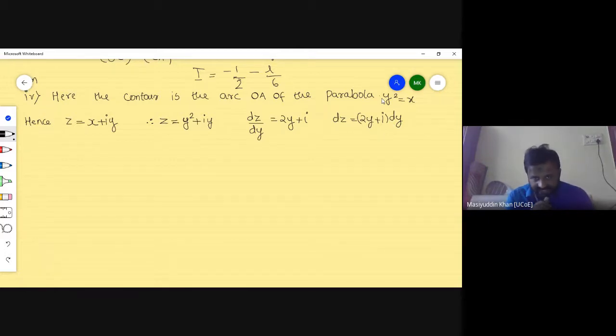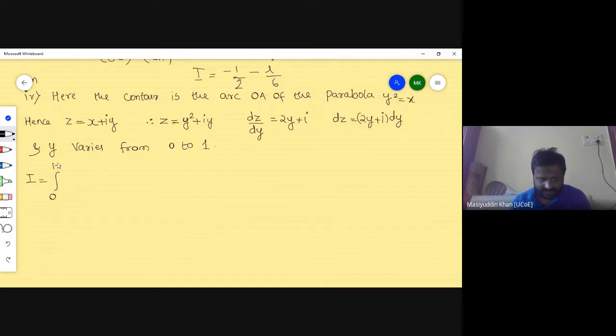So dz की जगह पे हम लिख सकते हैं 2y plus i into dy, and y varies from 0 to 1. So we should integrate this part directly. I is equal to integral 0 to 1 plus i.